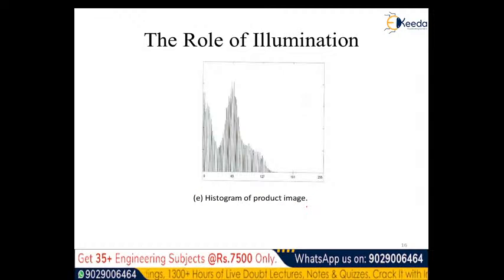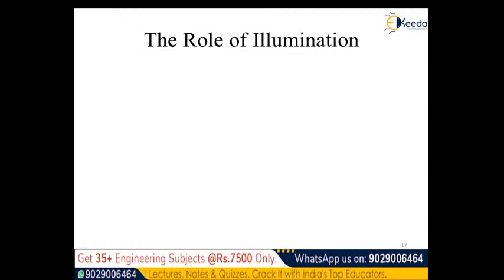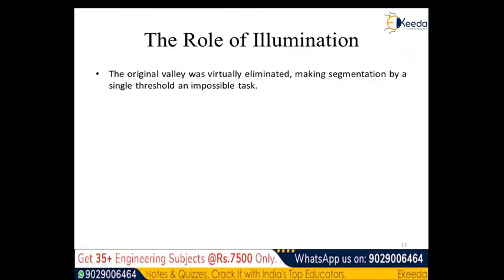So we have certain points for the role of illumination in the thresholding procedure for image segmentation. These are the points to be noted. The first one is that the original valley that we saw was virtually eliminated here, making image segmentation by a single threshold an impossible task.